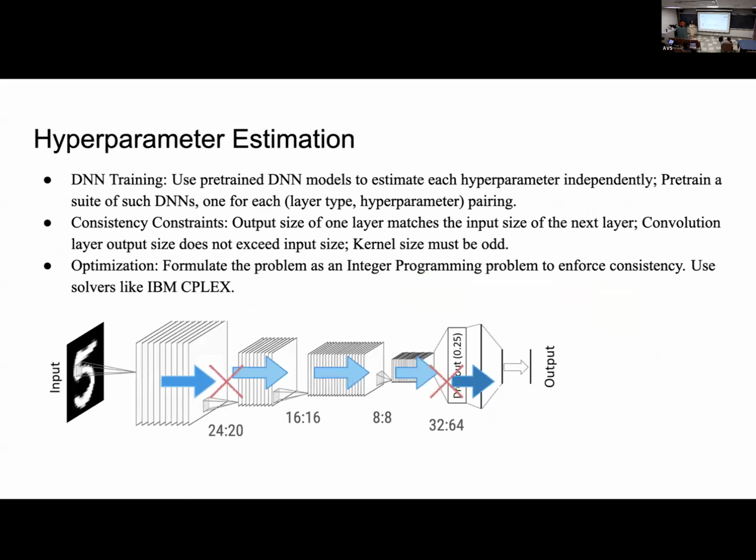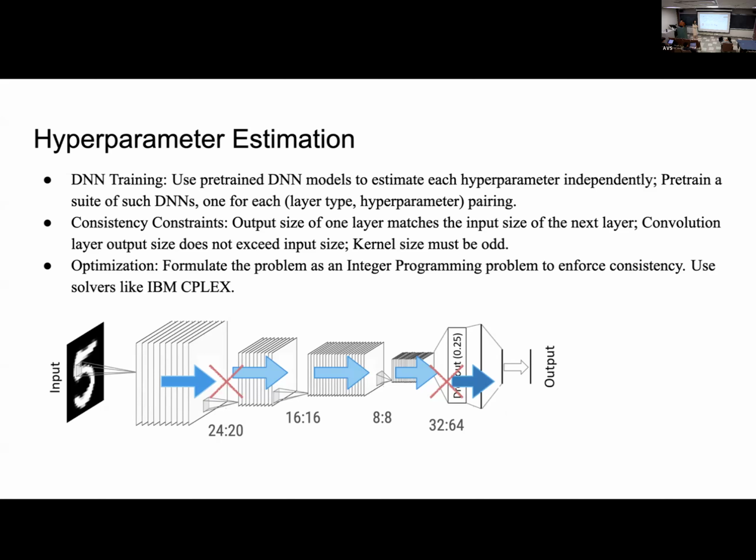For the hyperparameter estimation part, they will also use some pre-trained DNN models to identify these things. And for each pair of information, like each layer type and hyperparameter type, they will train one DNN model. So for all kinds of different layer types and hyperparameters, there are a bunch of different DNN models they need to train.